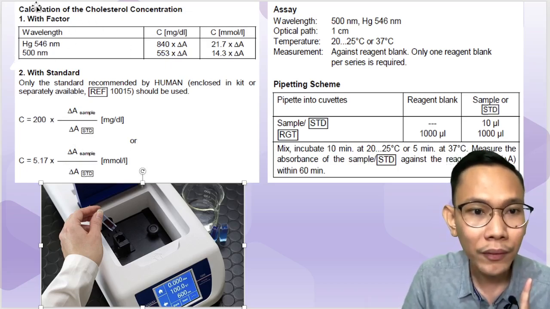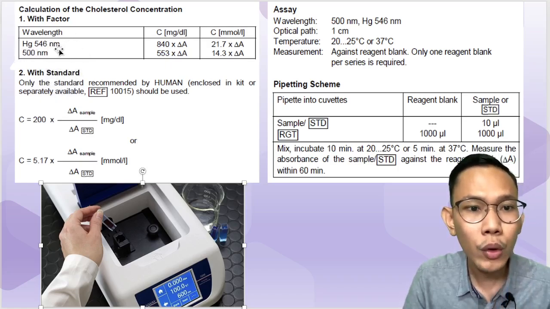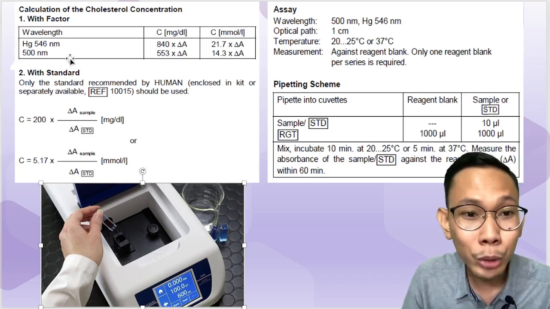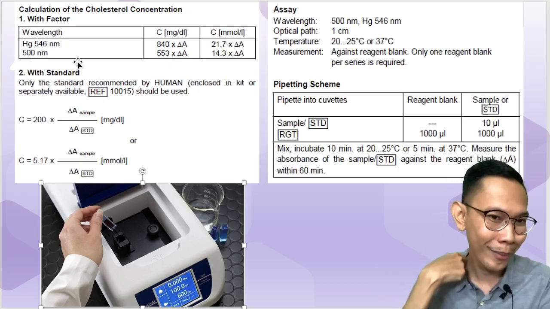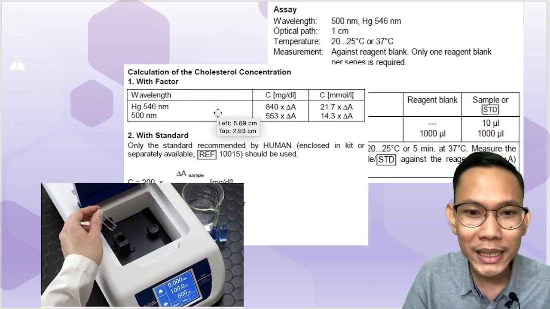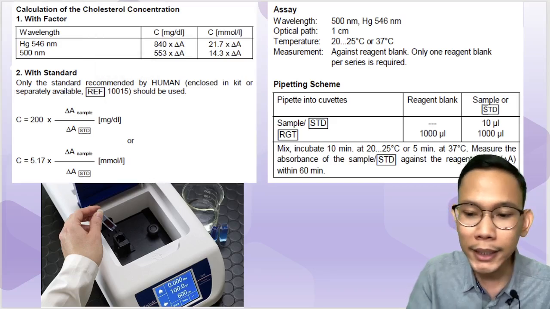Syempre, itong with factor, and you identify what is the wavelength, kung 546 or 500. Sige lang, meron akong example na quiz dito. Okay? I hope that is very clear lang ha.